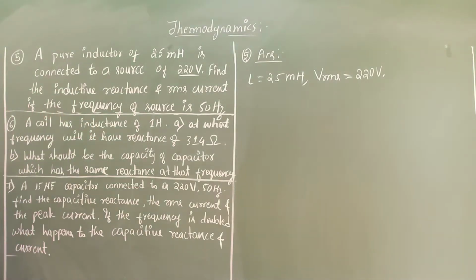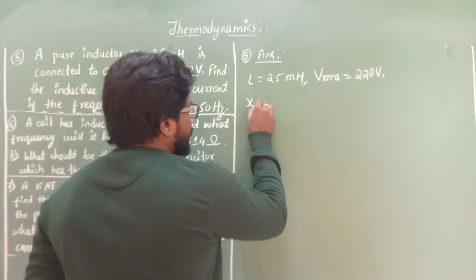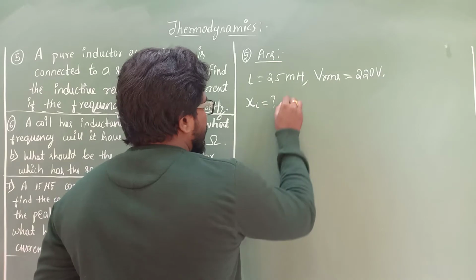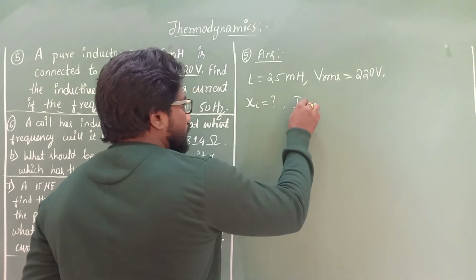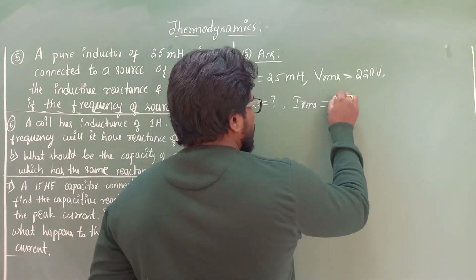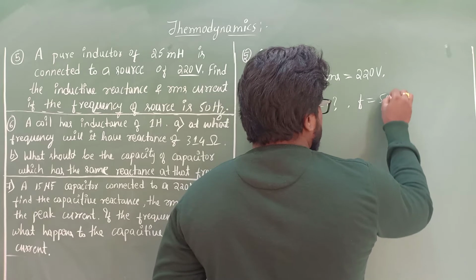Next, find the inductive reactance and RMS current if the frequency of the source is 50 Hertz. So what do you need to find? Inductive reactance, that is XL, and the RMS value of current, IRMS, that you also need to find, given that the frequency is 50 Hertz.